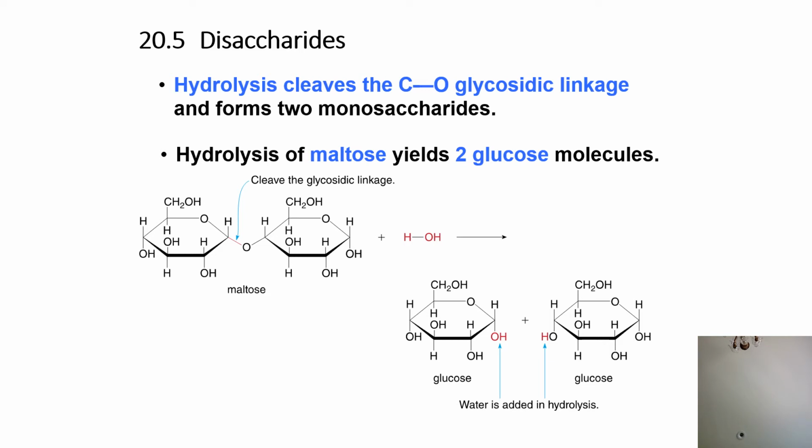So we can hydrolyze that glycosidic bond to form the original two monosaccharides. And in this example, we have a molecule of maltose. And maltose consists of two glucose monosaccharide units linked together by that glycosidic bond. And in this case, it is an alpha. You see it's in the down position.